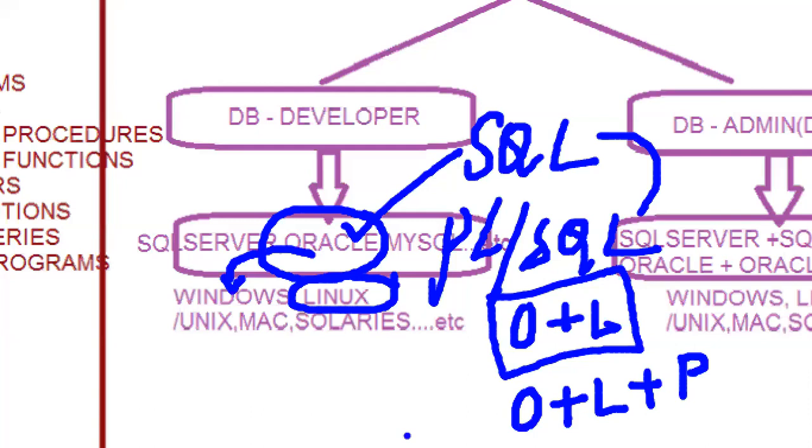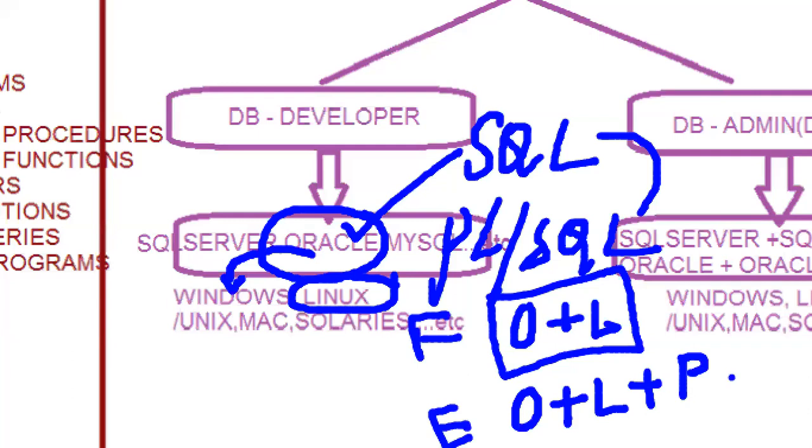You need complete knowledge of Oracle, good knowledge of Linux, and one project. With this combination you can show your experience. This is for freshers and this is for experienced people. What is the difference between these two? Only projects. If you show experience, a project is required.